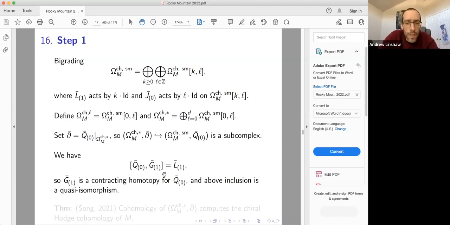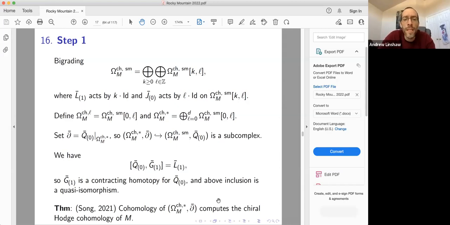And so the inclusion of this subcomplex, where this K component is 0, into the larger thing is a quasi-isomorphism. Linshaw shows that the del bar cohomology of this subcomplex actually computes the chiral Hodge homology. So one step is this statement that there's now a complex that computes this chiral Hodge homology.